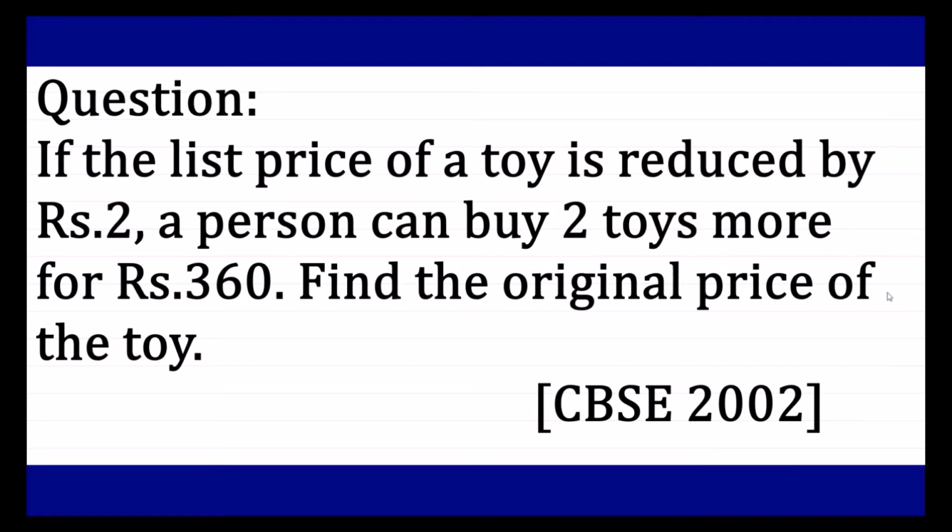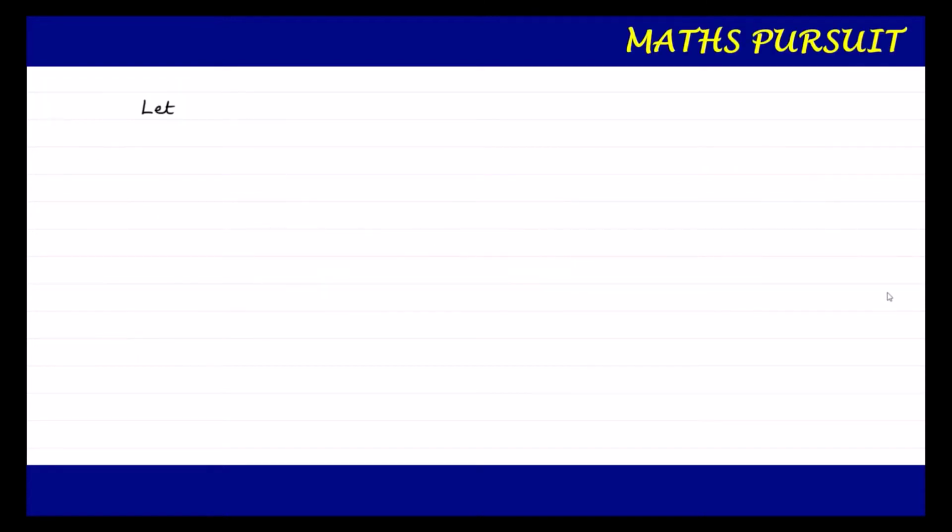So what we are going to do, we are going to assume let the list price, or let the original price of the toy, be rupees X, because we do not know the original price.